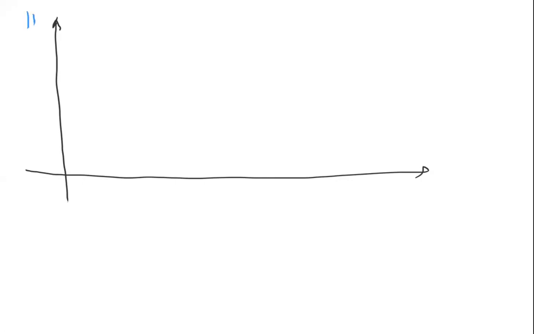This is the force on me right now. This is time. I'm sitting on my chair right now, so the net force on me is 0.